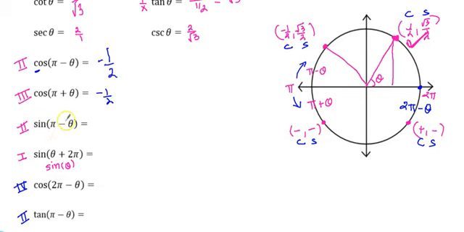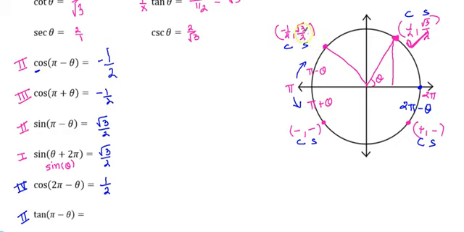Sine of pi minus theta means back in the second quadrant, that's √3/2. Sine theta, the same original one, is also √3/2. 2 pi minus theta will be my fourth quadrant, and cosine, which is the same x value, is 1/2. Tangent of pi minus theta will be in the second quadrant.